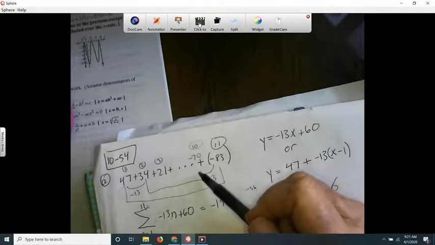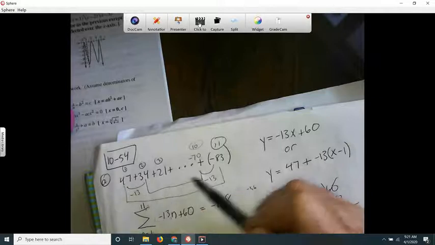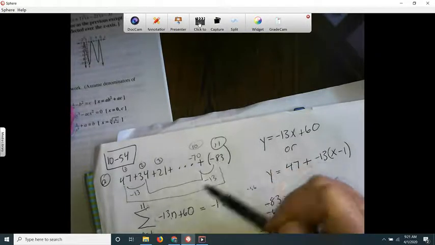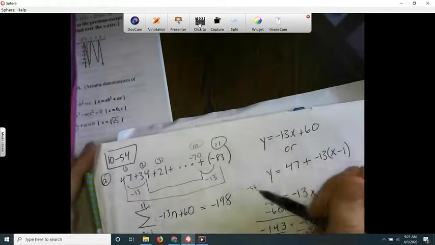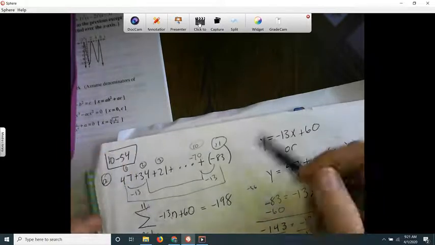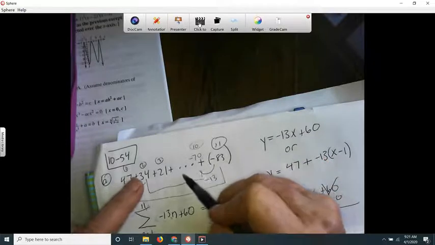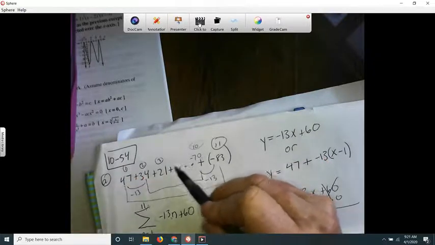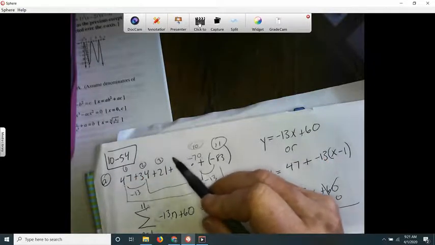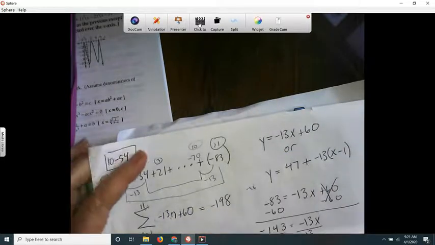These are going up by 13. And so when you pair them up, you get all these pairs of negative 36. How many pairs do you get? Well, there's 11 items in the list. So everything's going to pair up, but there's going to be one loner in the middle that doesn't pair up. But it's okay.